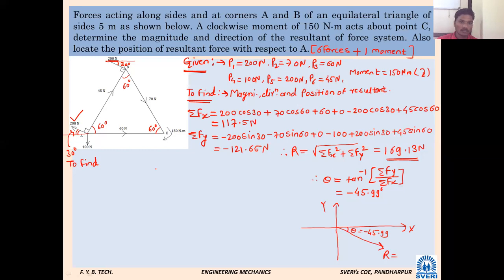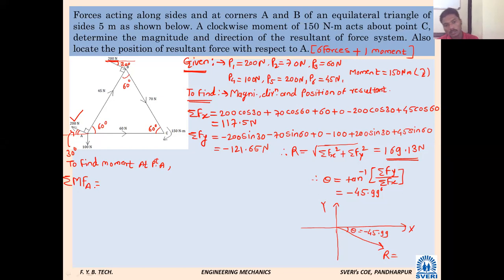At point A. To find moment at point A, I will write here summation of moment due to all forces at point A.